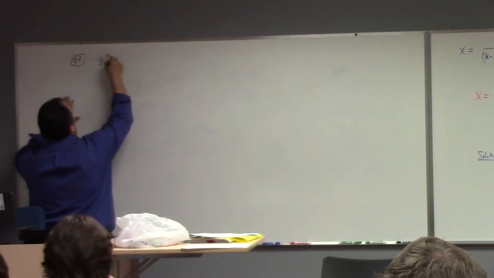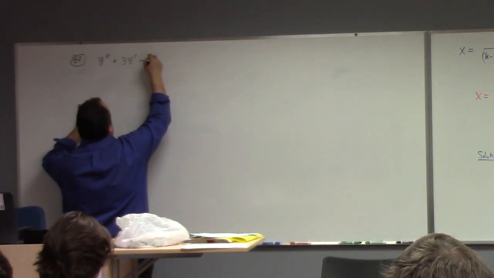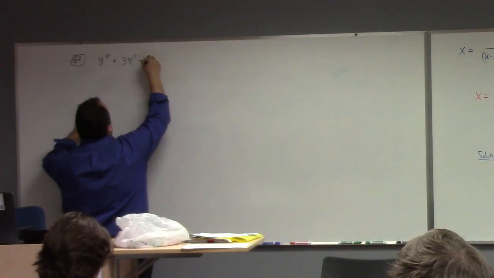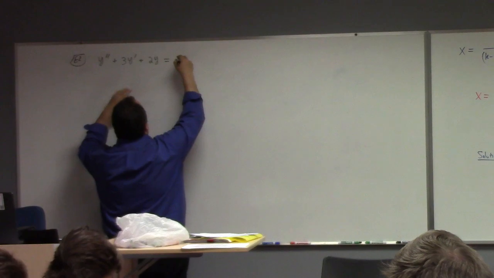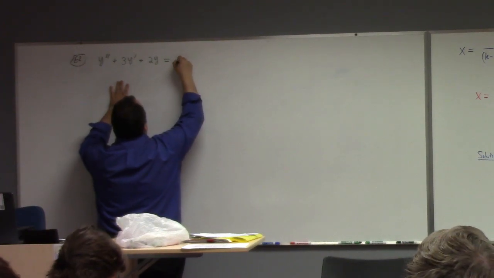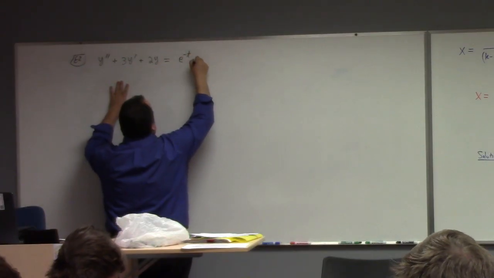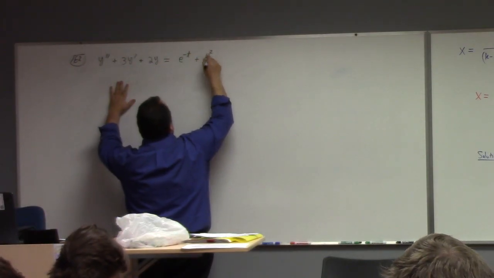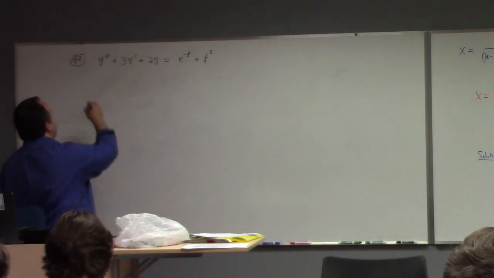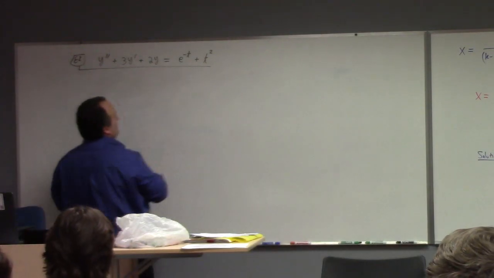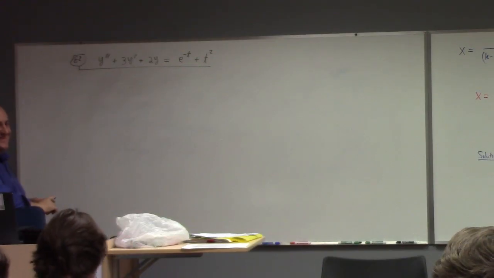What if we were solving y double prime plus 3y prime plus 2y equal to, let's say, e to the minus t plus t squared. This is not entirely easy, but it's not that hard either. So can we solve this problem? What do you guys think? I think you can solve it. Yeah. I'm not taking your test, though.